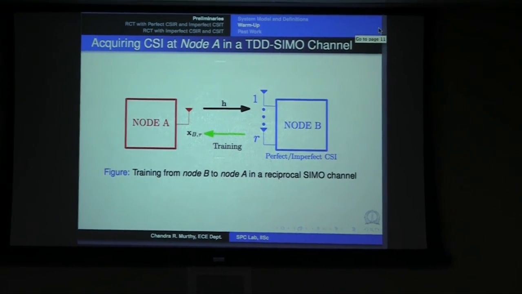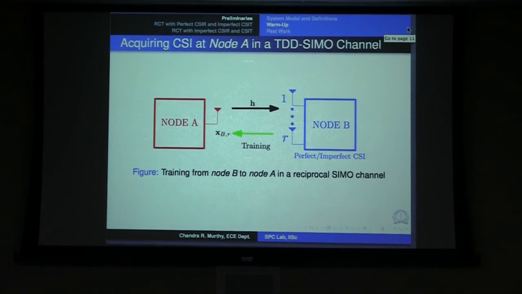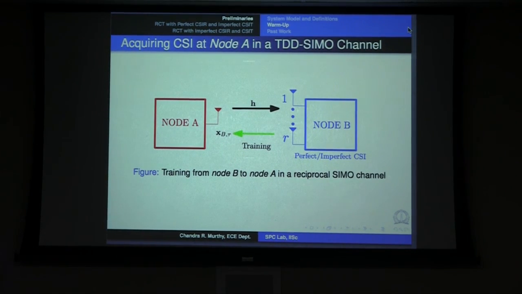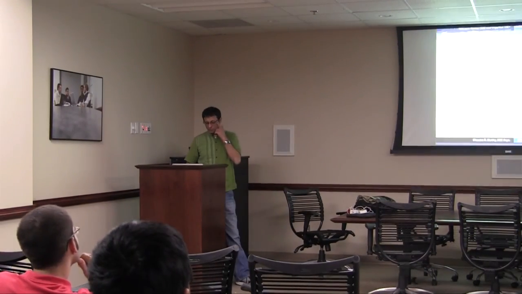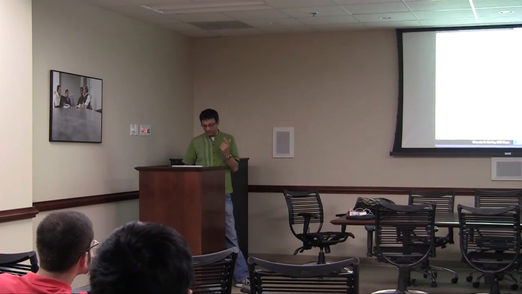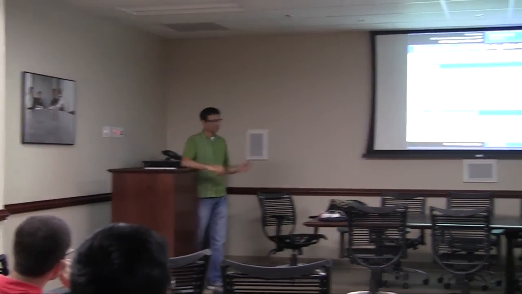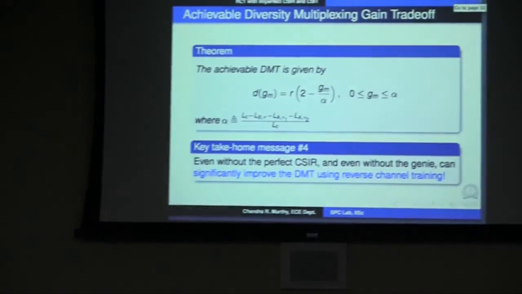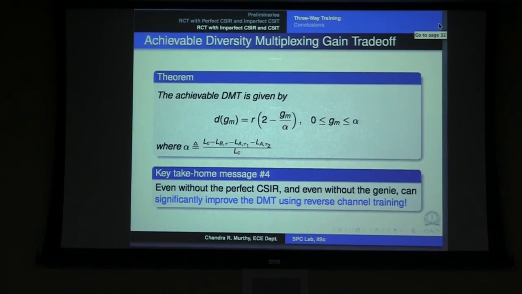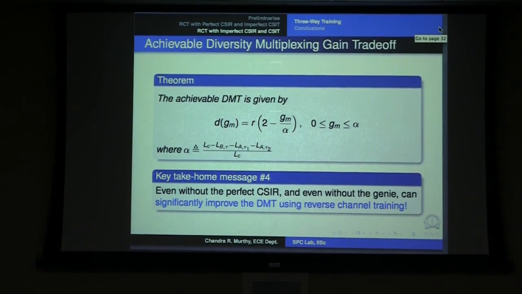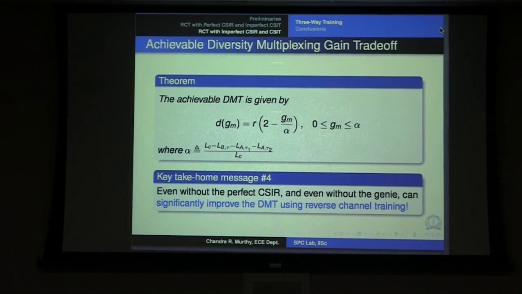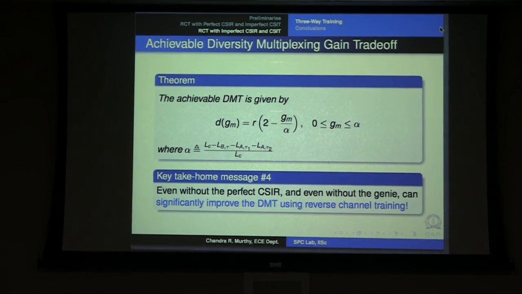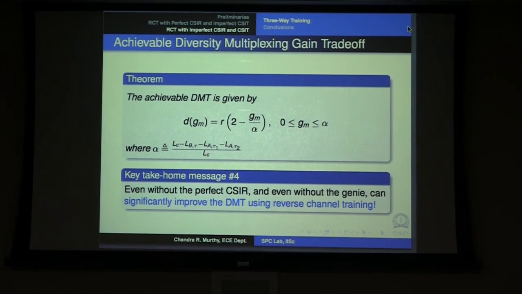In other words, you consider the lack of reciprocity as an additional noise which is introduced at one of the nodes. So to that extent, it is not sensitive, right? Because what we've shown is you can achieve basically the same diversity multiplexing gain trade-off with imperfect CSI at both nodes, even if you train in both directions, compared to assuming perfect CSI at one end.